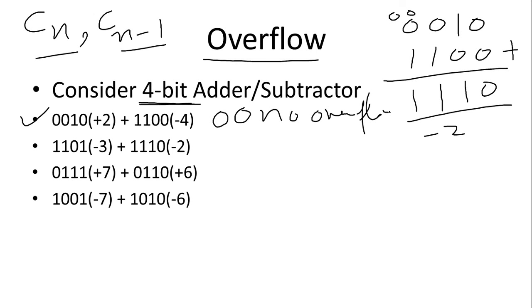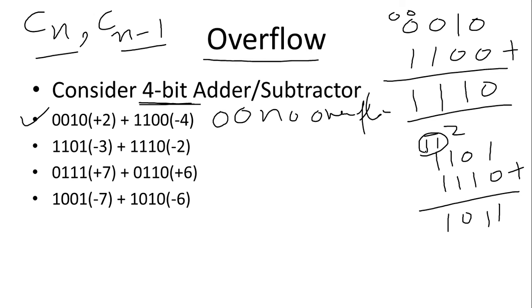Okay, for the next example, if we add 1101, that is minus 3, with 1110, minus 2, the answer should be minus 5. So 1 plus 0, then 1 plus 1 gives 0 with carry 1, and 1 plus 1 plus 1 gives 1 with carry 1.